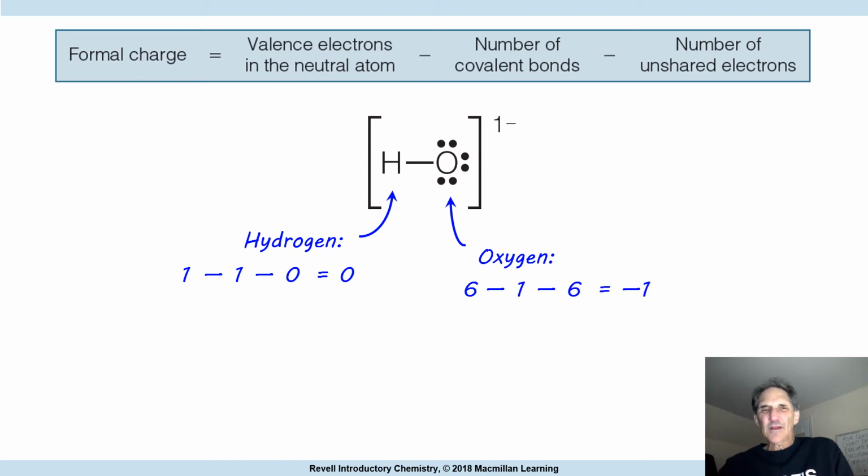And now what we're going to do is add these up, 0 and -1, and that's how this polyatomic gets the 1- charge. Another way to write that is just putting the minus in a circle, another convention.